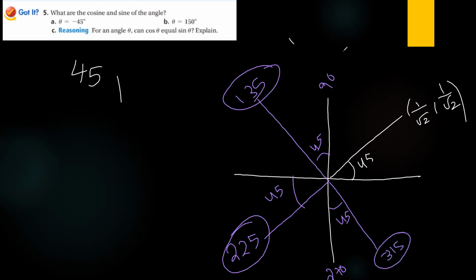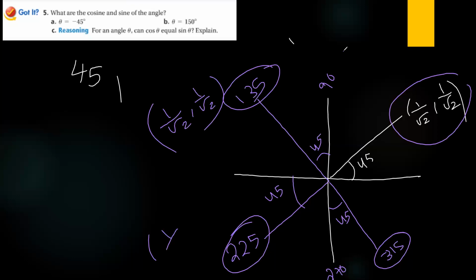So these four angles have the same cosine and sine magnitudes as 45. Here we have it as 1 over square root of 2, 1 over square root of 2, and the same in the other quadrants.